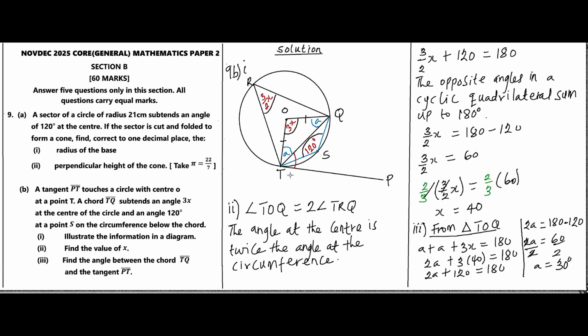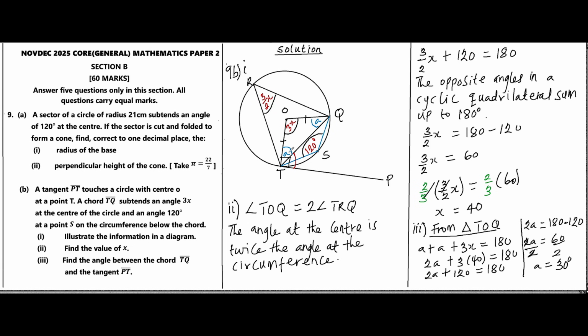This is the radius, there is a tangent. So they will always meet at right angle. That is 90 degrees. The radius and the tangent will always meet at 90 degrees.